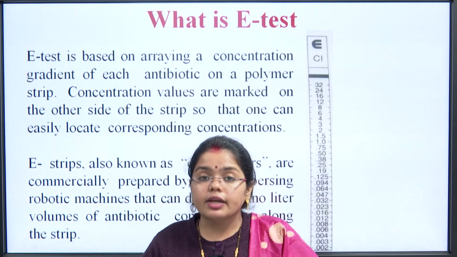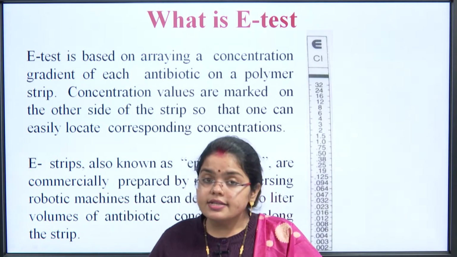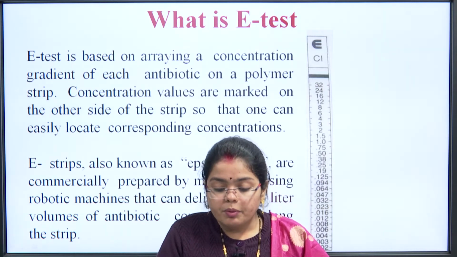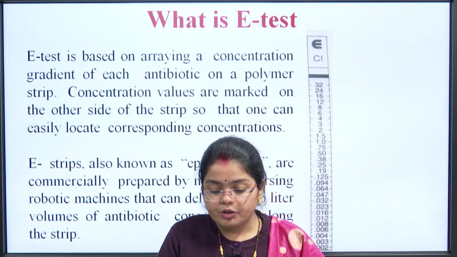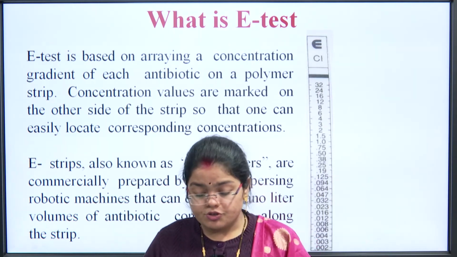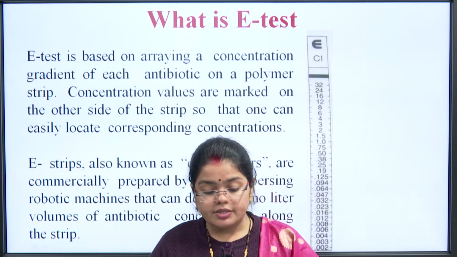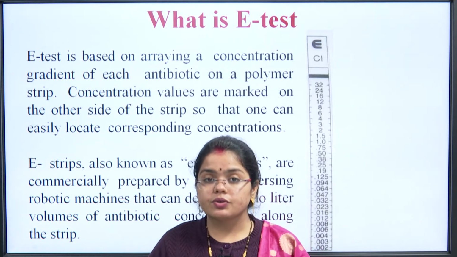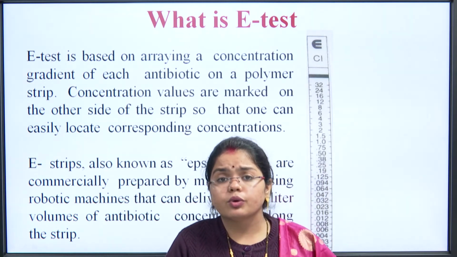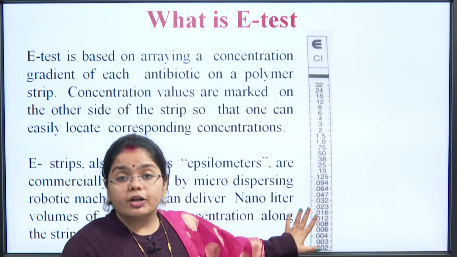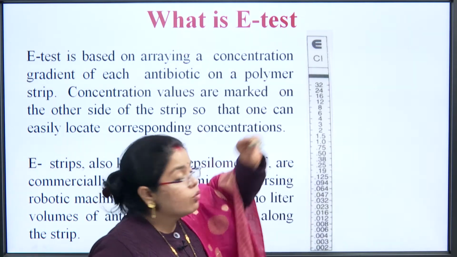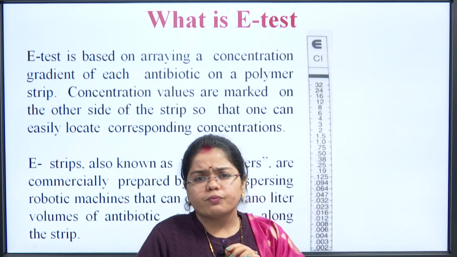So, this is how the E strip is used, and these E strips, called epsilometers, are commercially prepared by micro-dispensing robotic machines that can deliver nanoliter volumes of the antibiotic concentration along the strips. Very small amounts of the antibiotic are included. The strip carries a particular kind of antibacterial agent, and only a nanoliter of volume is placed onto it.